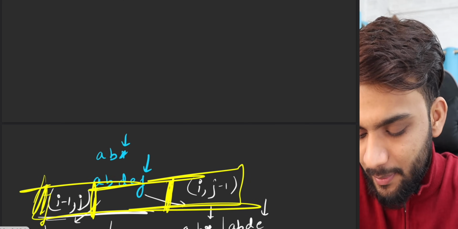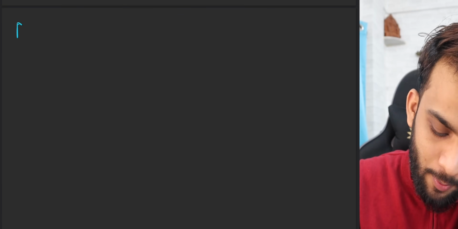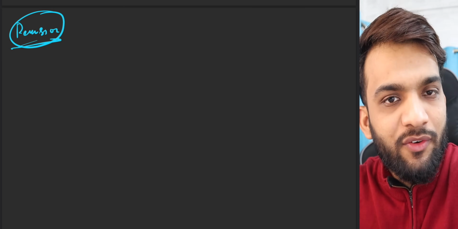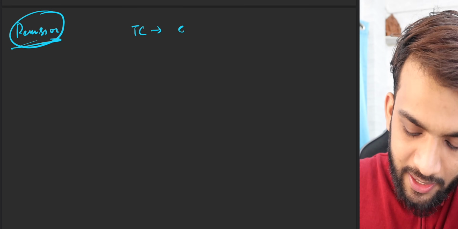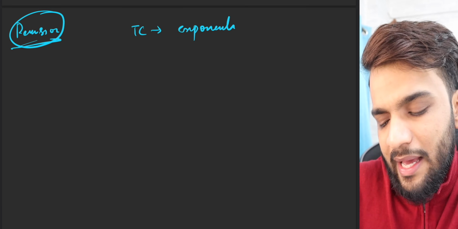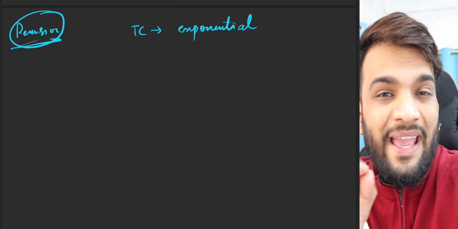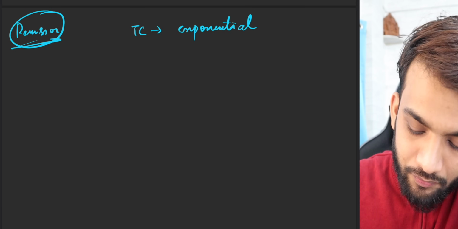But before that, let me quickly walk you through the time complexity. Obviously, it's recursion, so you're going to try out all matchings and it is definitely going to be exponential. Again, you're dealing with an asterisk, so there can be 0, 1, 2 characters.